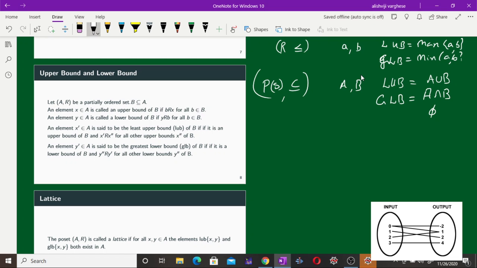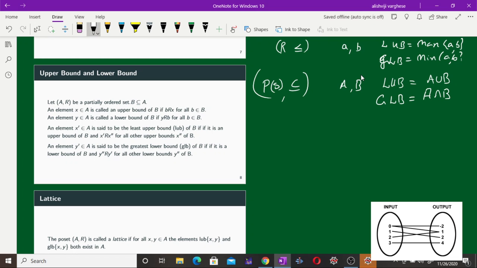Phi is a subset of A and phi is a subset of B, but phi is also a subset of A intersection B. So A intersection B is the greatest lower bound in the case of the power set of S with the subset relation.